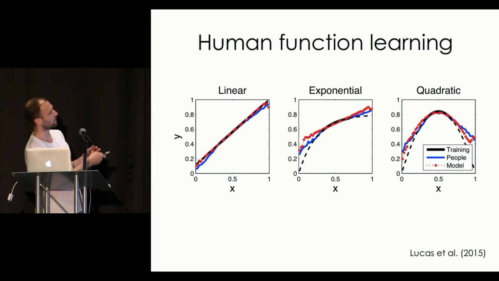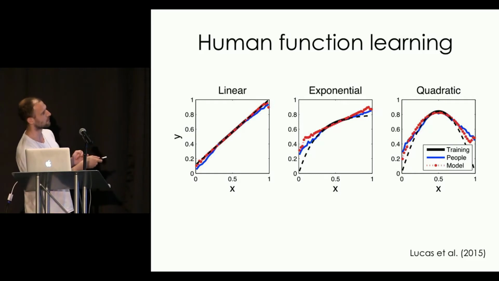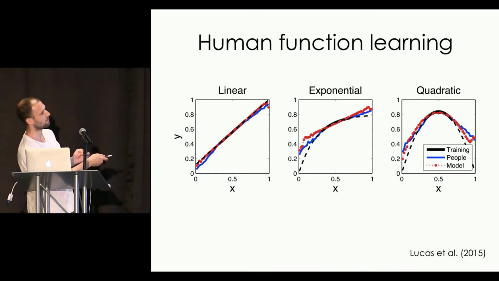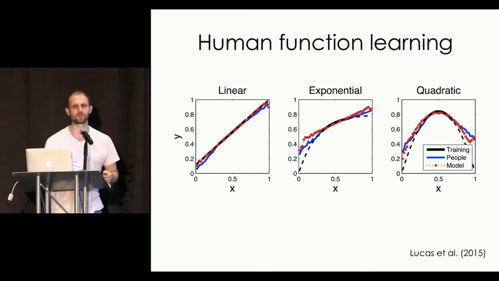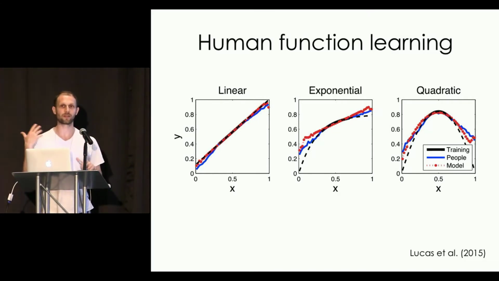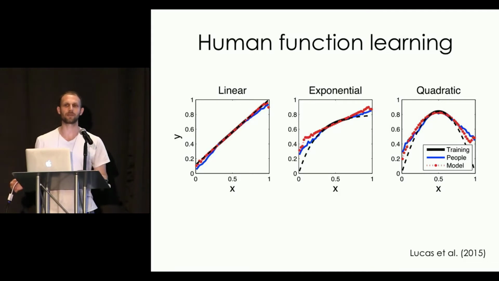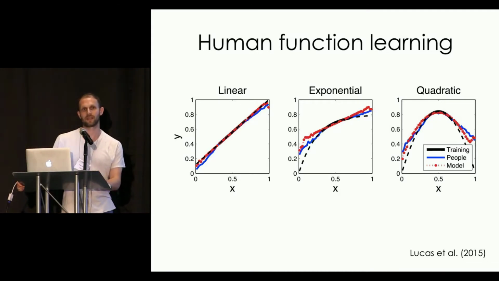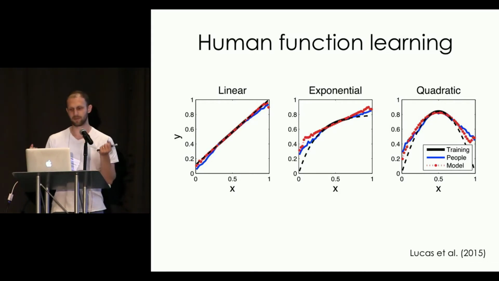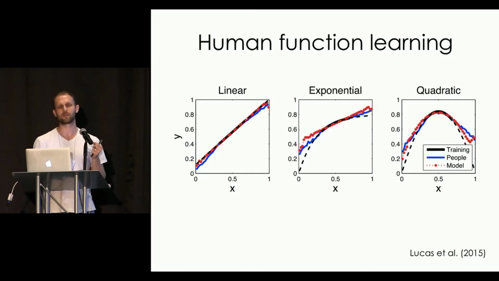People are quite good at learning linear functions, but if you give them an exponential or a quadratic, they systematically miss parts of the function. That has to do with the regularization that accompanies any Bayesian treatment of function learning: the inferred functions are going to be pulled towards the prior.